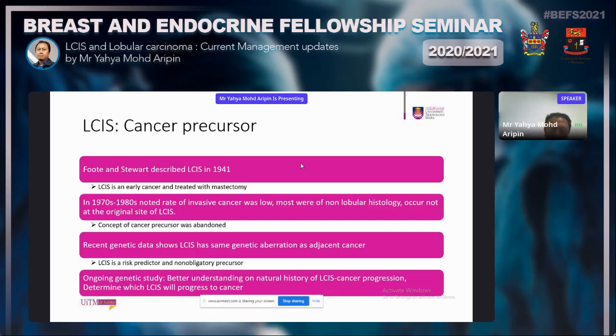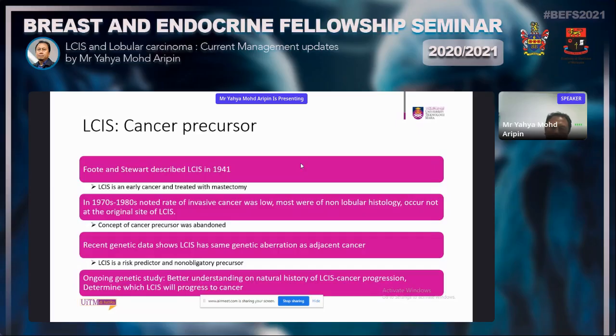Until recently, the last few years, when we have data on genetics, which shows that LCIS has the same genetic aberration as adjacent cancer. When they looked at the genetics of the LCIS and compared it with the invasive cancer adjacent to the LCIS, they found that the mutations are exactly similar.